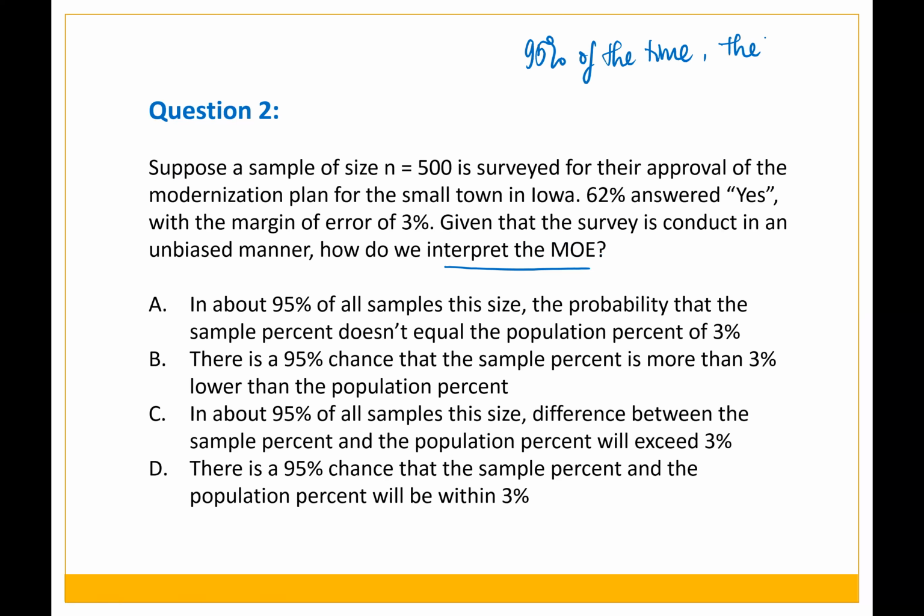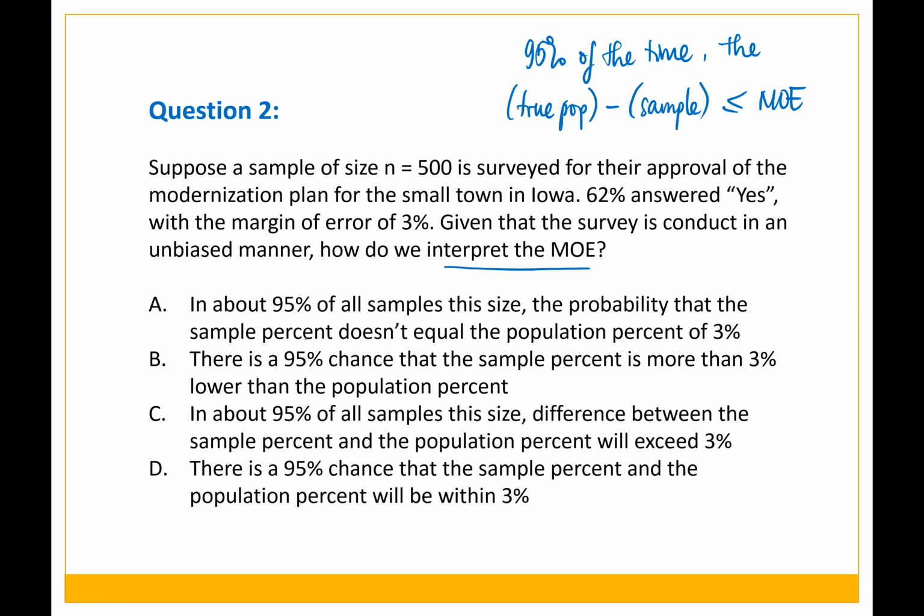The MOE is going, so the difference between the true population characteristic and the sample characteristic is going to be within the range of the MOE, which we find in about 95% of all samples this size.